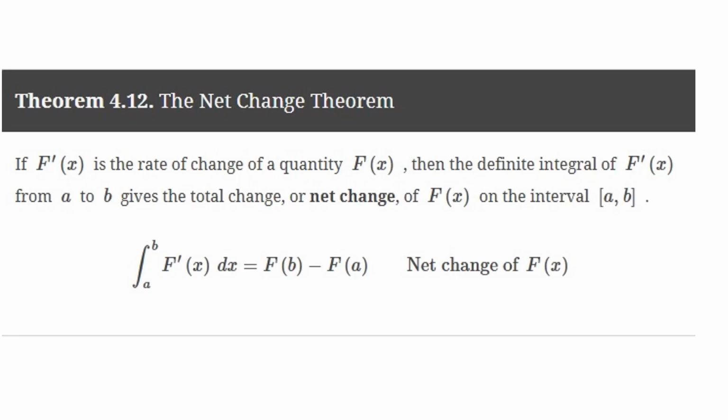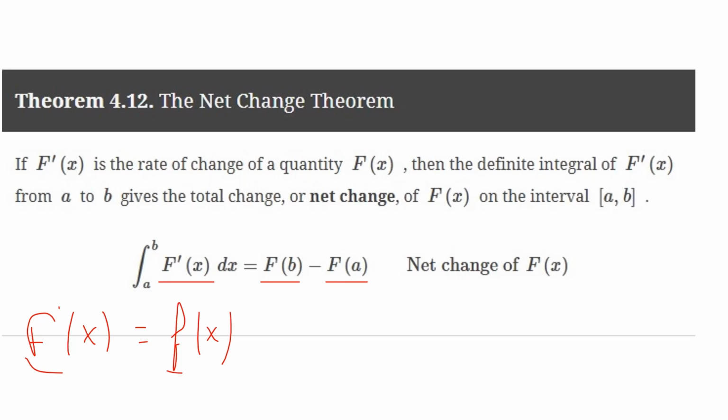What this theorem says is something that we've already discussed when talking about the second fundamental theorem of calculus. It says that if we were to integrate from a to b, F prime of x, we just end up with F of b minus F of a. First, what is F prime of x? F prime of x is just f of x, because we know that big F of x is just the antiderivative of small f, and f is just the derivative of big F. So if we differentiate the big F of x, we'll just end up with f of x.